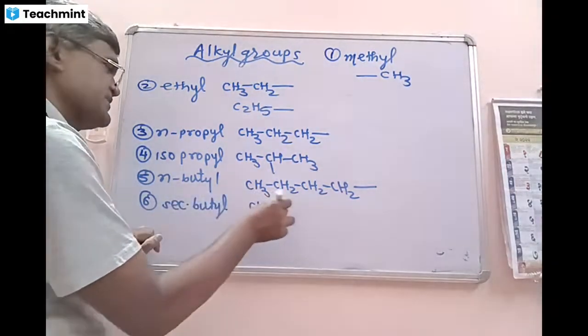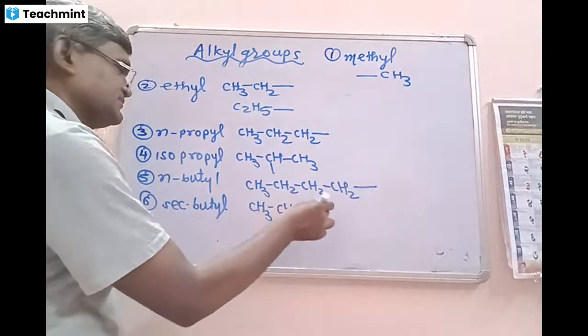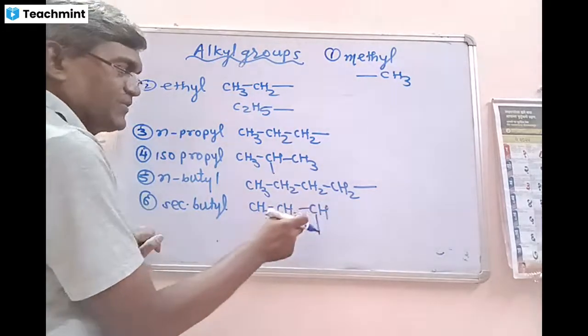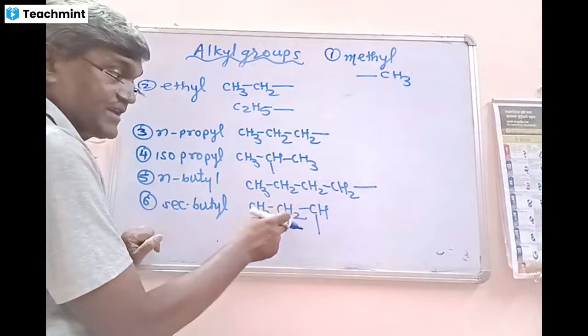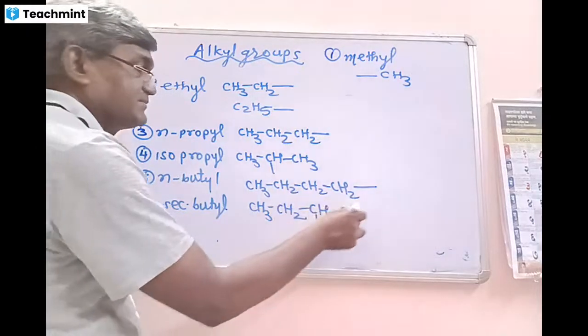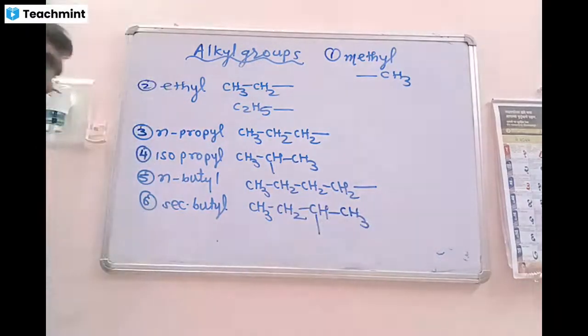See the differences in the name. You can have open valency on this carbon or on this carbon. यहाँ से हाइड्रोजन कम करना पड़ेगा. Okay, these are the 6th.